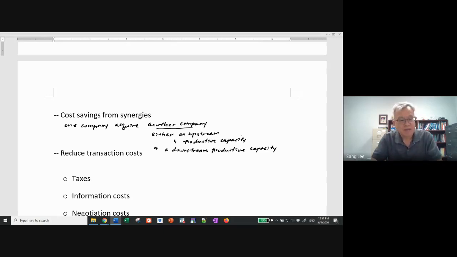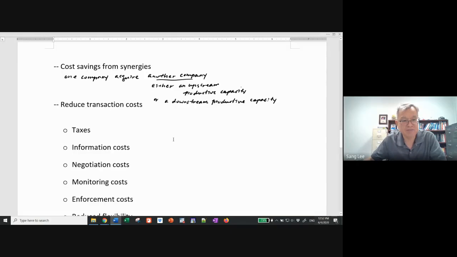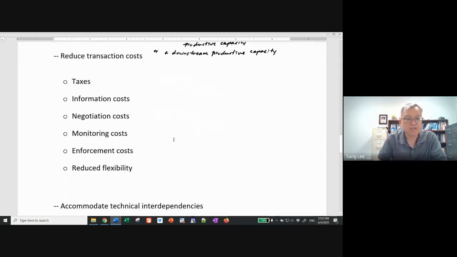Now, the second example of potential cost savings from vertical integration is that you can reduce or avoid a lot of transaction cost. Then what exactly is transaction cost? Let's first define transaction cost.